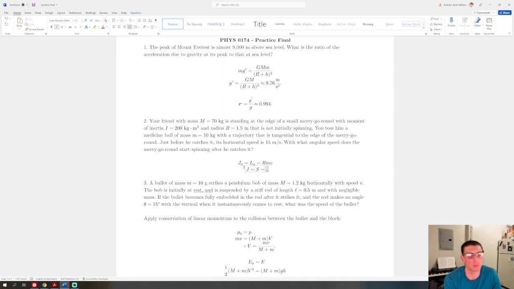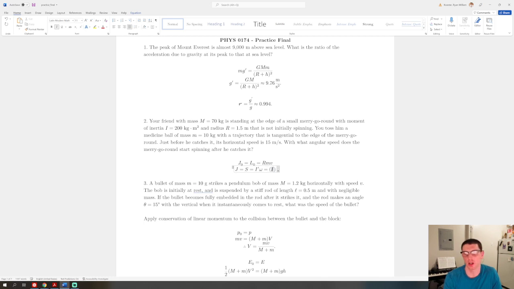Final angular momentum is a bit trickier because we have to adjust the moment of inertia to account for everything, right? I'll call this I prime, I guess.